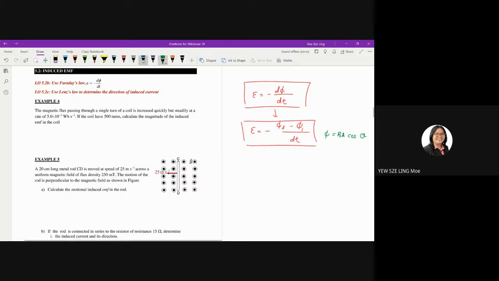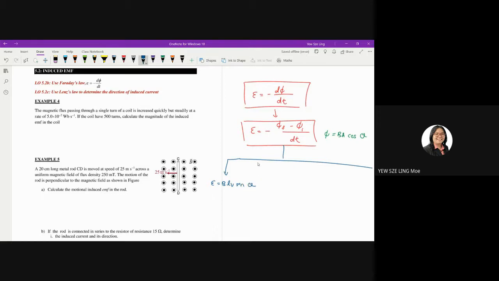Of course, there's one more equation that we derive for a single conductor. We have a few equations. The first one is for one conductor, which is EMF equals BLV sine theta.